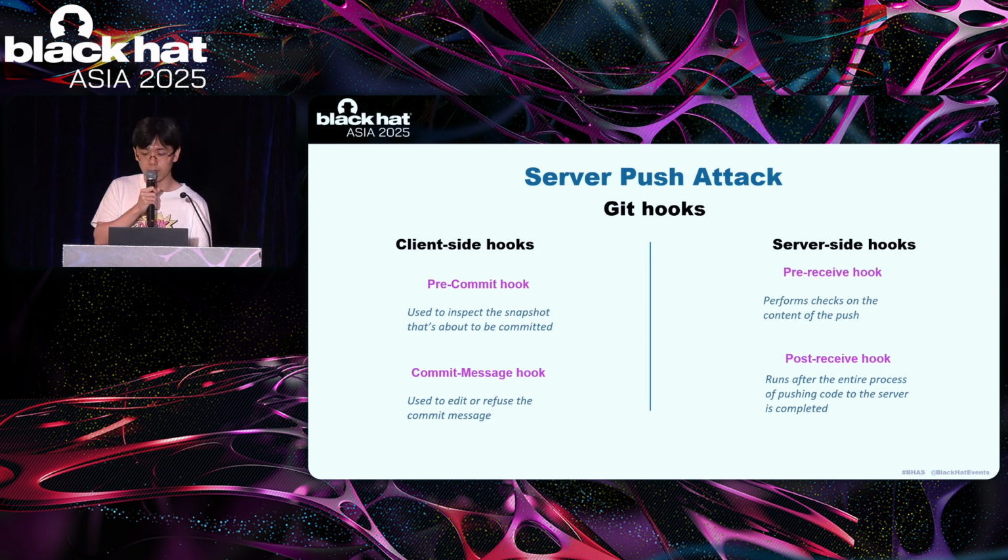Hooks executed during client operations belong to client hooks, and those executed during server operations belong to server hooks. For example, the pre-commit hook, which is used to inspect the snapshot before you commit a message, will be invoked, and it belongs to the client-side hooks.